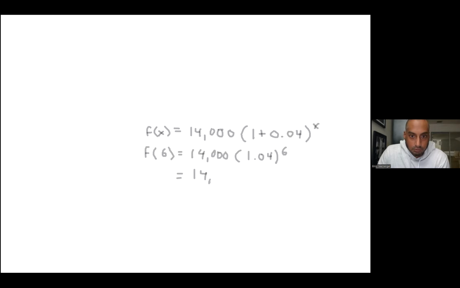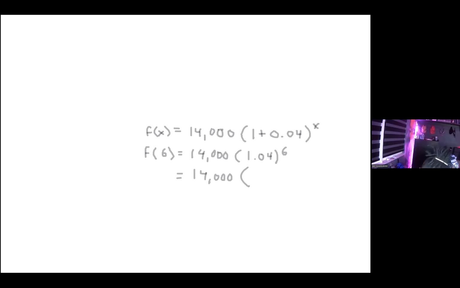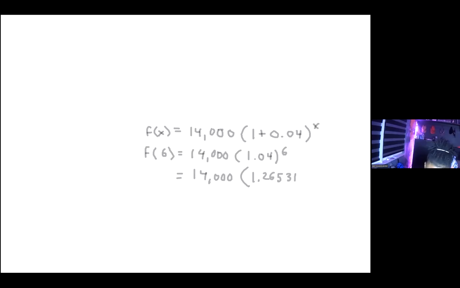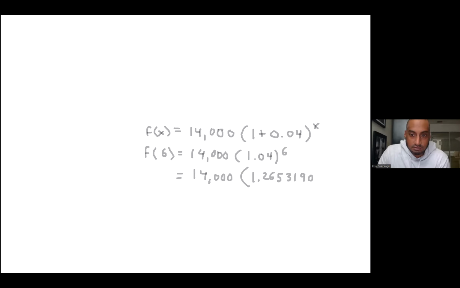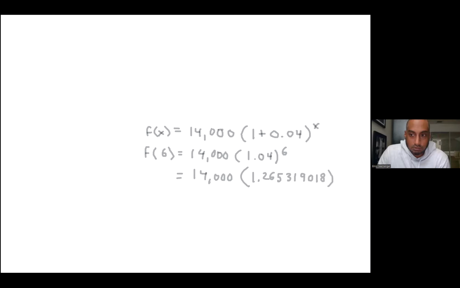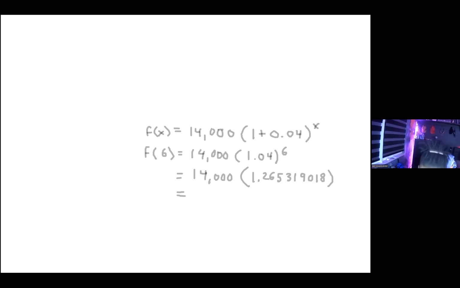Read me that number. 1.265 31 90 18. Take that number, multiply by 14,000. Did you put 18? One point two six five three one nine zero one eight. Right?